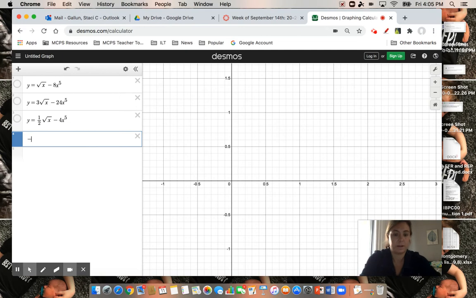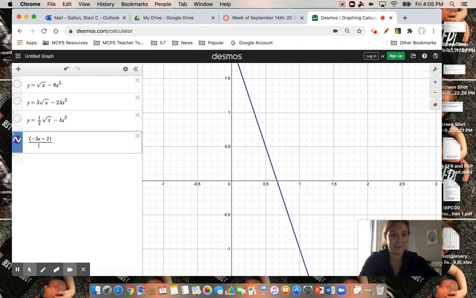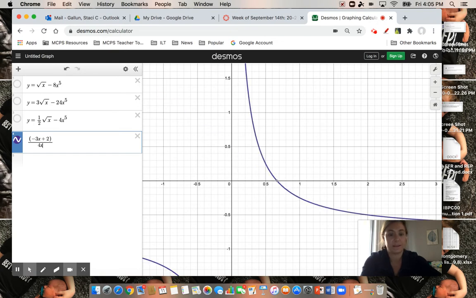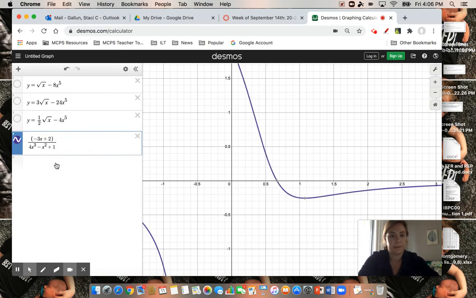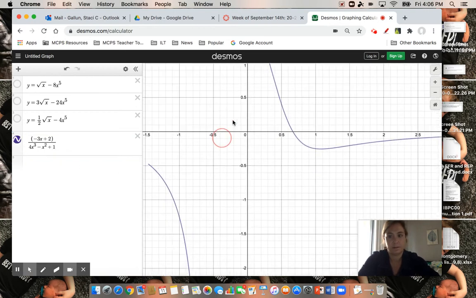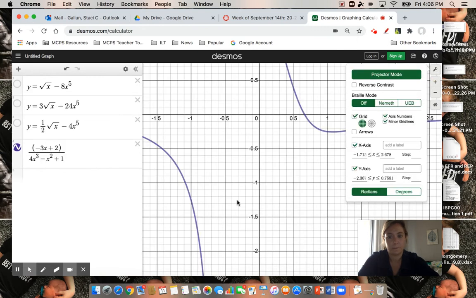So what was the first one? Negative 3. Whoa, look, I'm in the screen now. Negative 3x plus 2 divided by 4x to the third minus x squared plus 1. That was the first function that we had. Display mode, projector mode, whatever it's called.